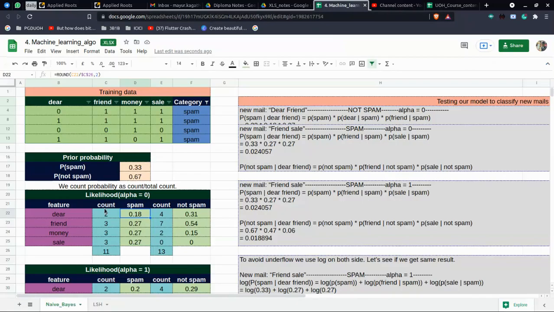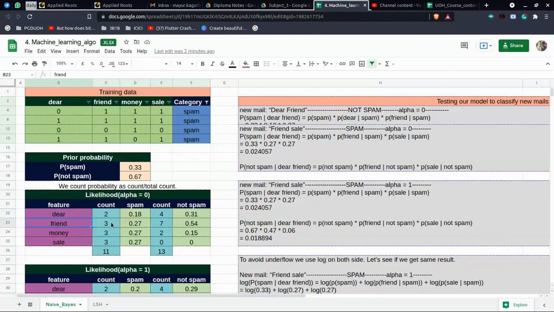In that case the probability would be 2 by 4, not 2 by 11. But in NLP 2 by 4 doesn't make sense. We need to calculate the probability as the number of times that word occurs divided by the total number of words. So what would be the likelihood for friend?